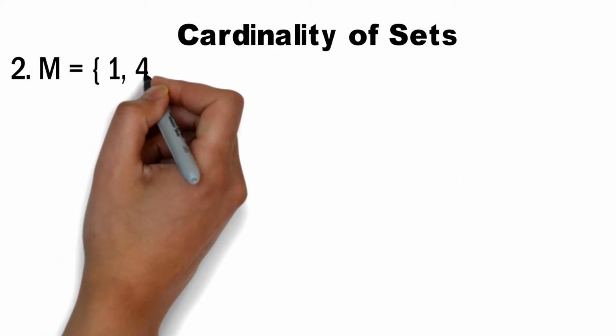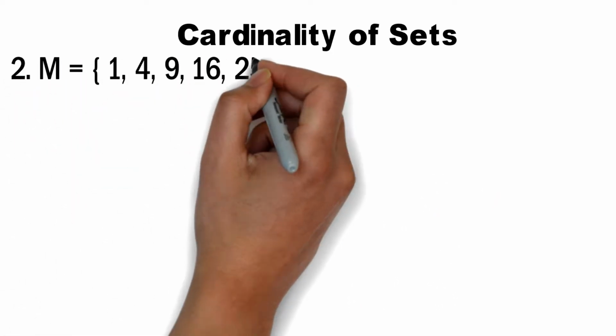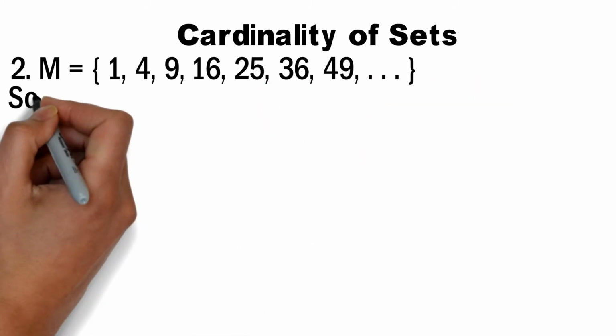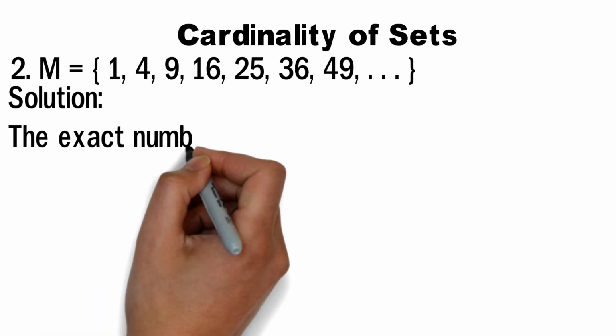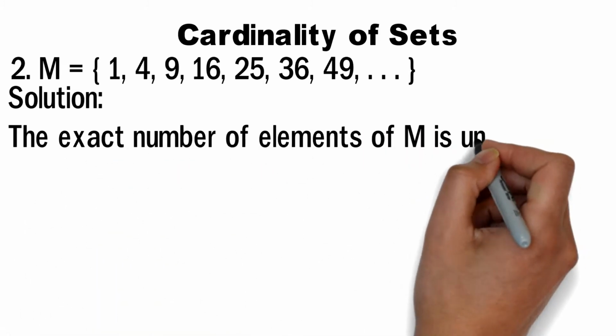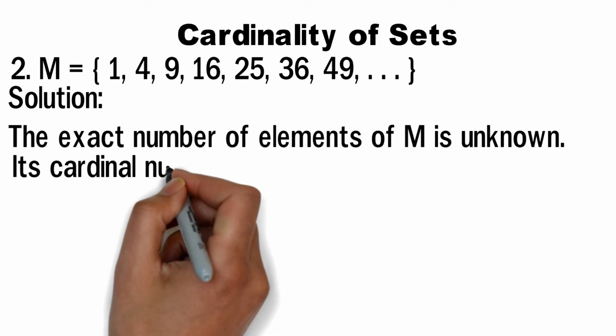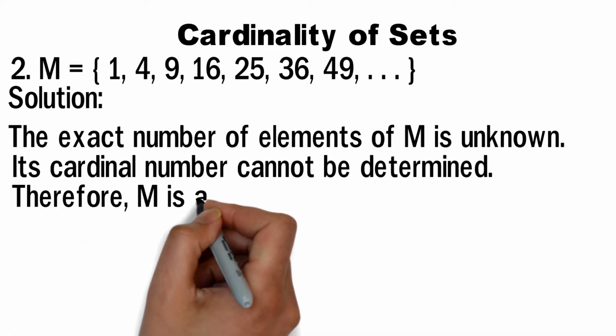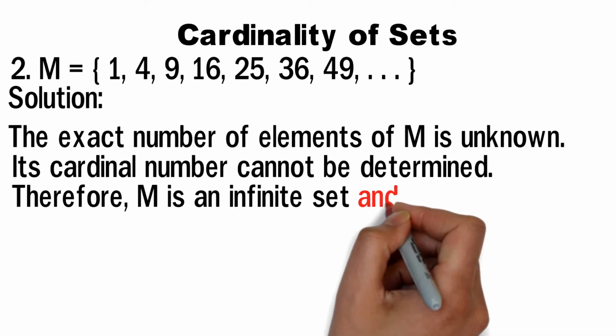Next ay set M equals 1, 4, 9, 16, 25, 36, 49, and so on and so forth. Solution: the exact number of elements of M is unknown. Its cardinal number cannot be determined. Therefore, M is an infinite set and the cardinality of the set is infinity.